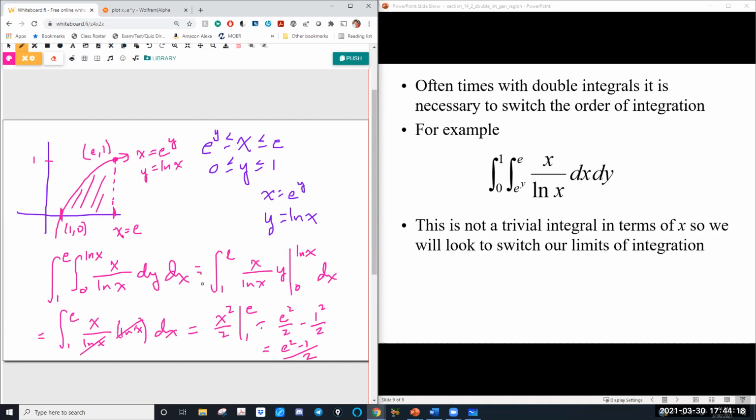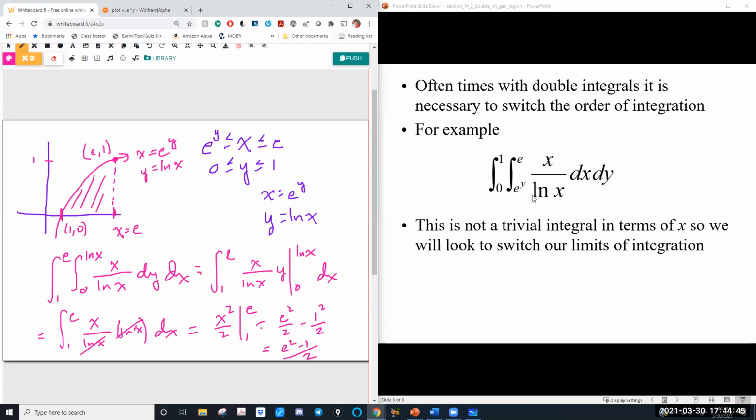So there are going to be some cases where switching the order of integration is actually to our advantage. Now, don't worry, I'm not going to expect you to come up with that. For this problem, we switched the order because it made the integral easier to do. That's not going to be something I'm going to expect you to come up with right off the bat.